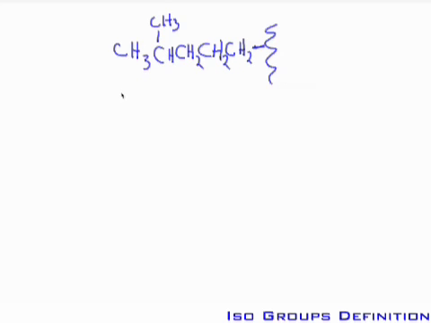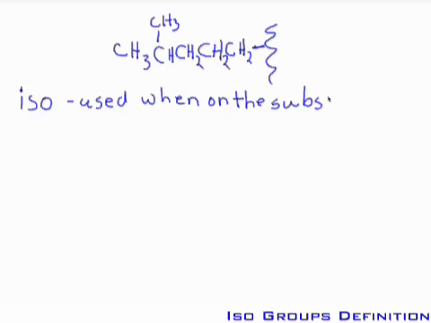I can define the term iso, or the use of the term iso in substituents, as being used when on the substituent, at the end of the substituent, at the far end from the chain.